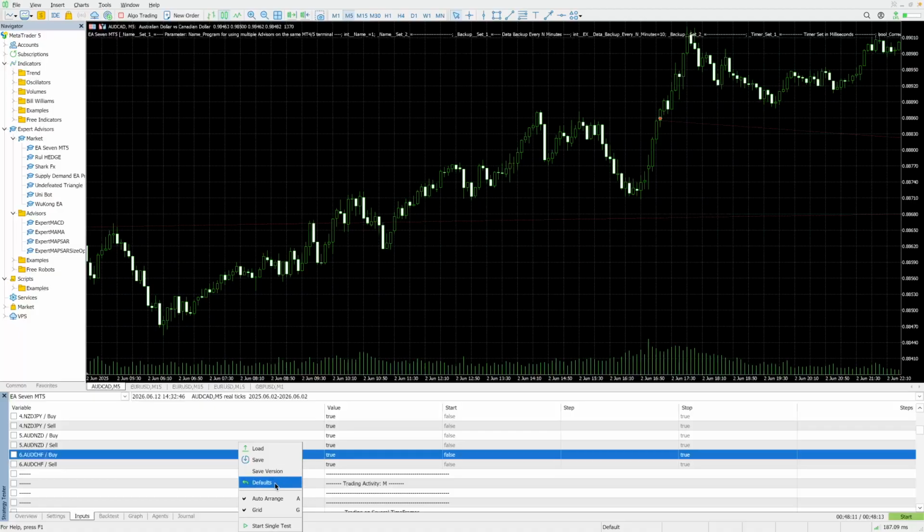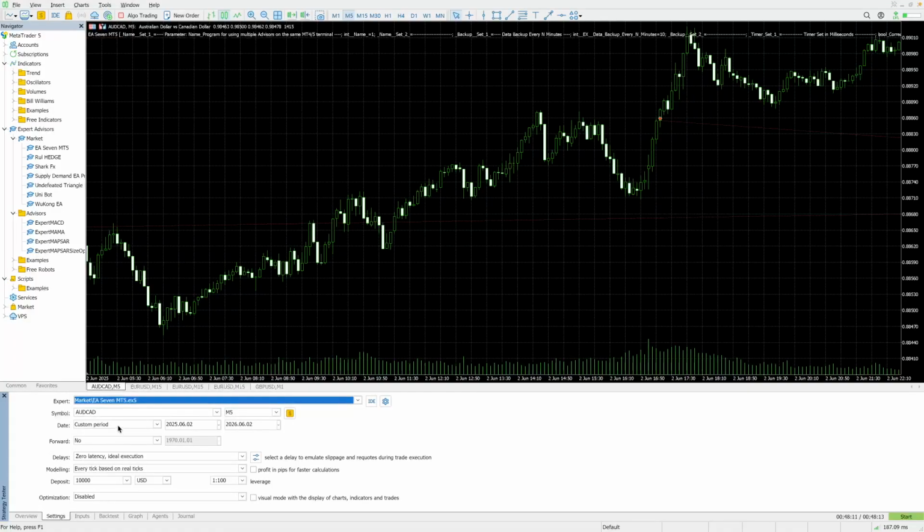Now, this is the default settings, default inputs, and I used these default inputs from the developer to run a backtest on AUDCAD on the 5-minute time frame for the past year, June 2025 to June 2026, on a $10,000 deposit.